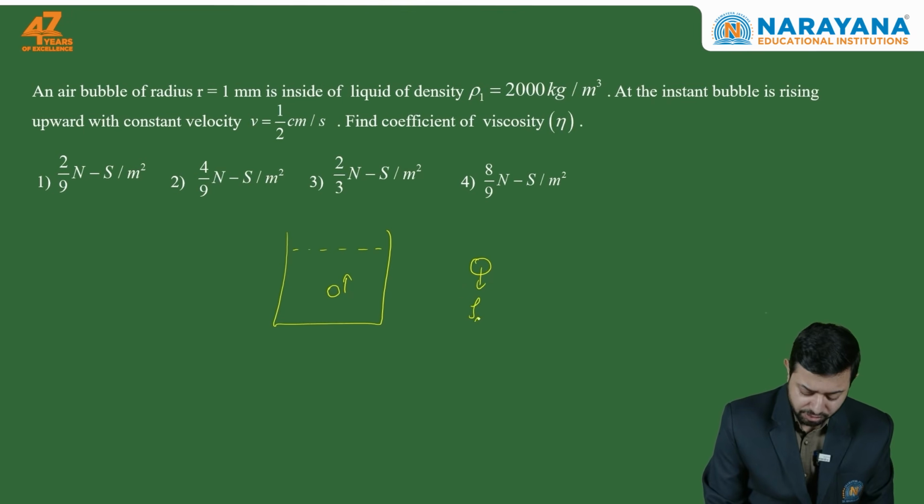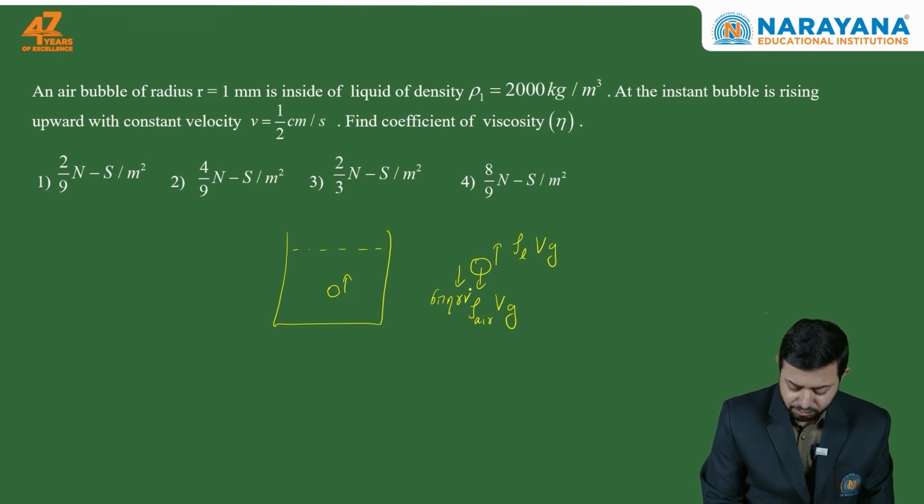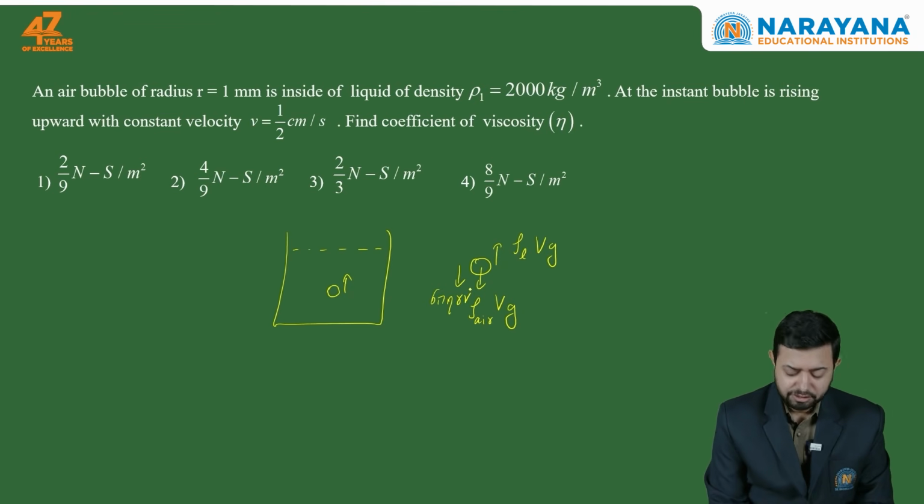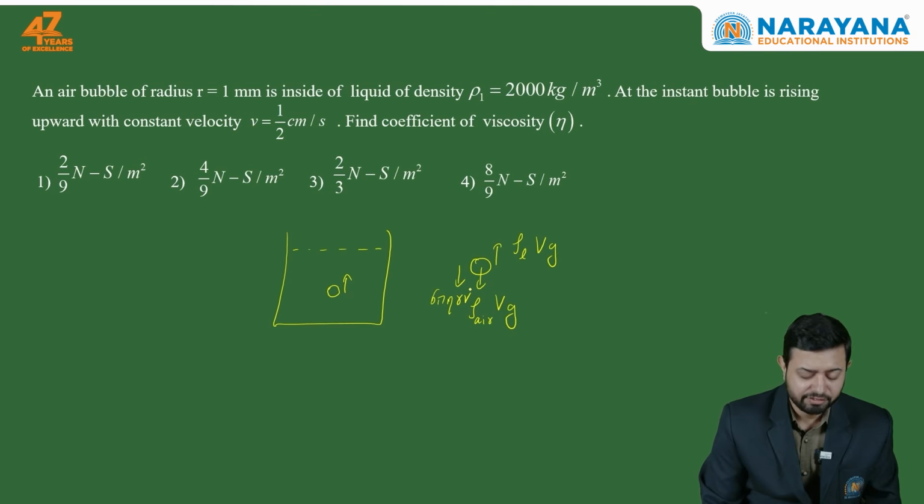So I'll write rho of air, volume, into g, and then we have a buoyancy force of rho of the liquid, volume, g, and then since it's going up, we will have a downward viscous force 6 pi eta r v. Now since it's going with constant velocity, the forces should balance, the net force should be 0.